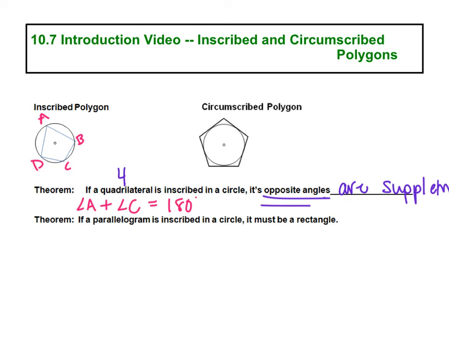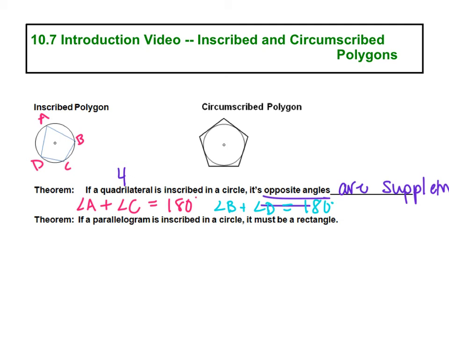If I drew just a regular quadrilateral, this would not apply. So that circle is important. All right. Also, we would say that angle B plus angle D equals 180 degrees. So they're supplementary. So there's one theorem.